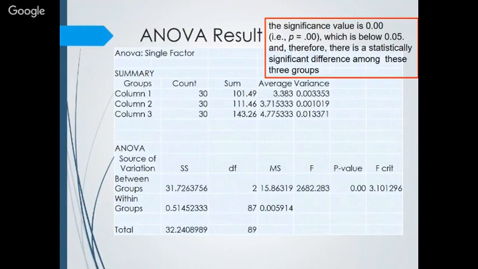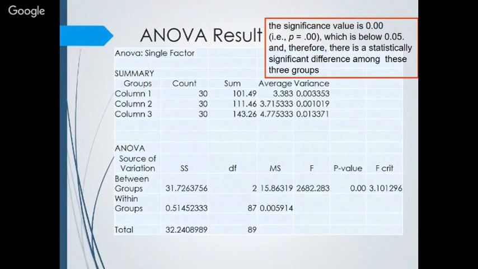Then we can see that the average of the first is 3.38, the second is 3.715, and the third is 4.7. So physically there is a difference. We want to check whether the physical difference is actually reflected, or is correct according to statistical theory.